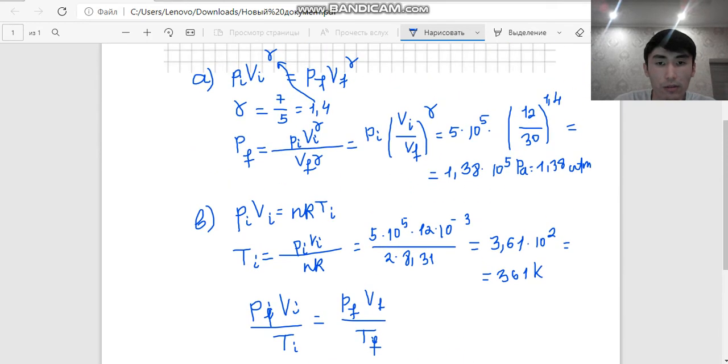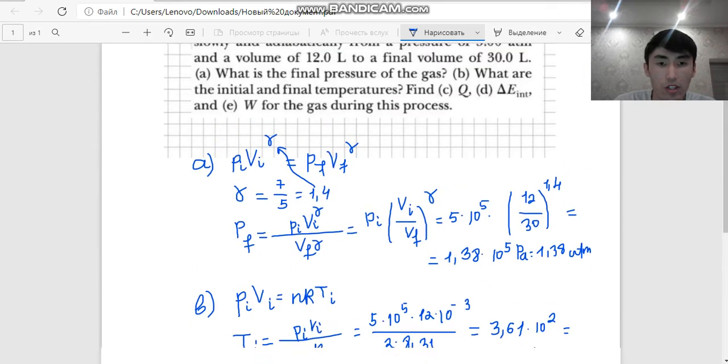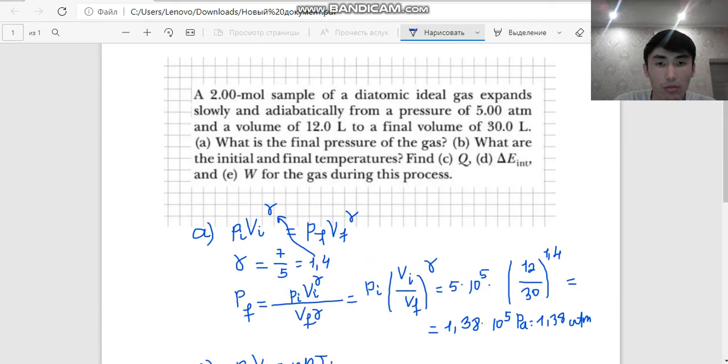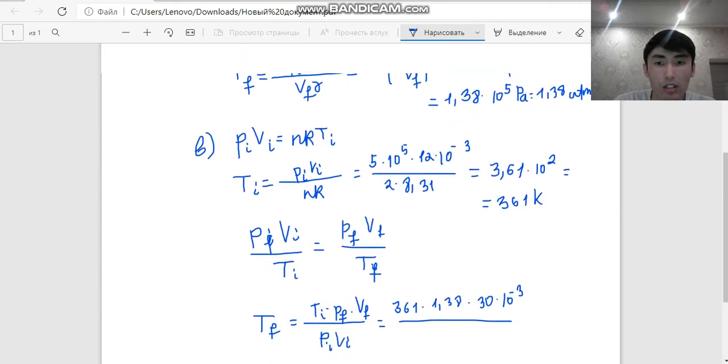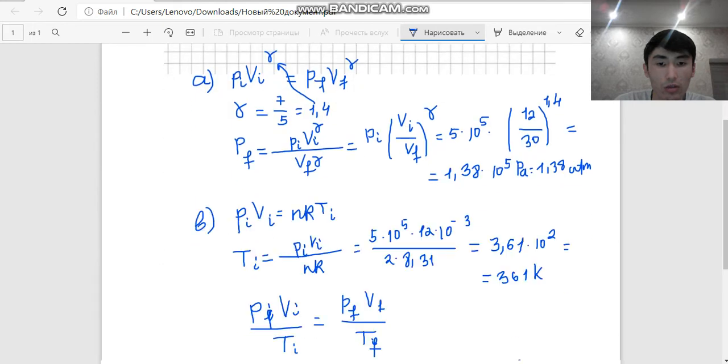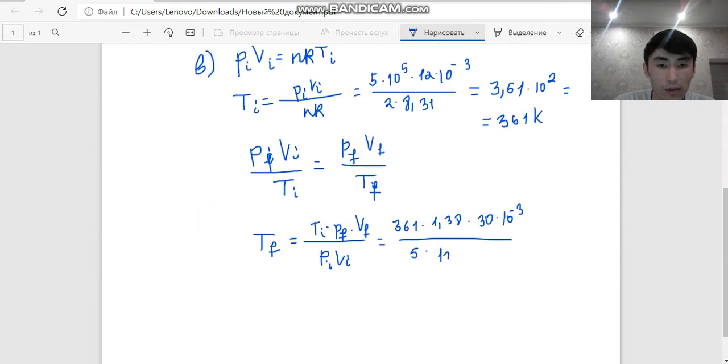Times V final, equal to 30 liters, 30 times 10 to the power of minus 3, over initial pressure equal to 5 atmospheres, times V initial equal to 12 liters, 10 to the power of minus 3.